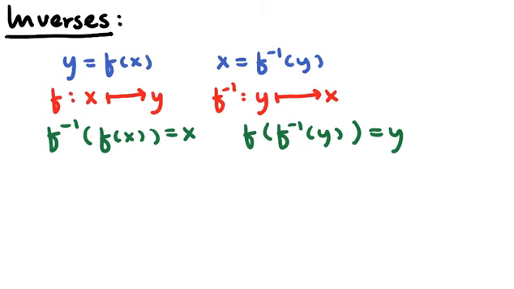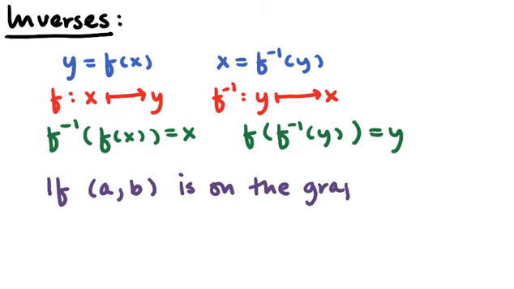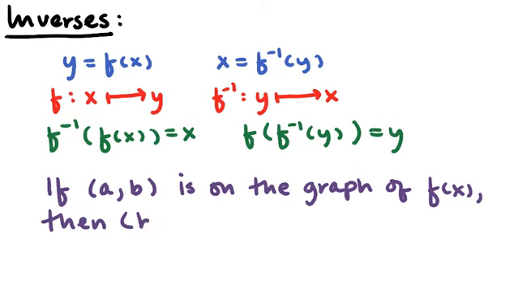Hopefully. And another relevant fact about inverses is that if the point (a, b) is on the graph of f of x, then the point (b, a) will be on the graph of f inverse.